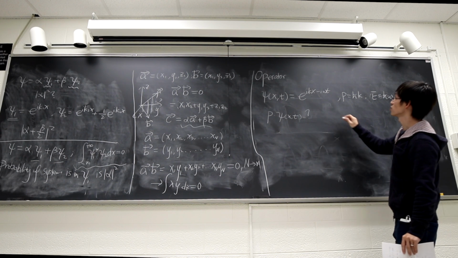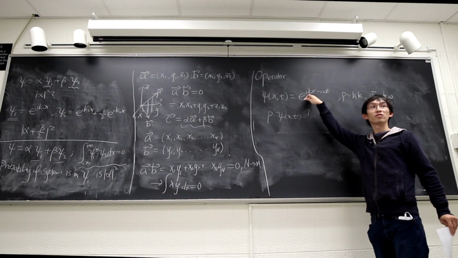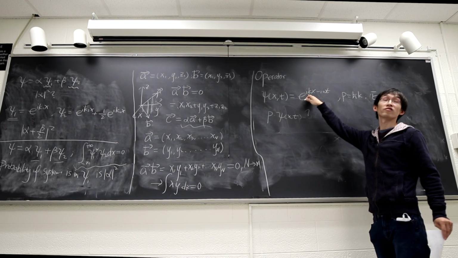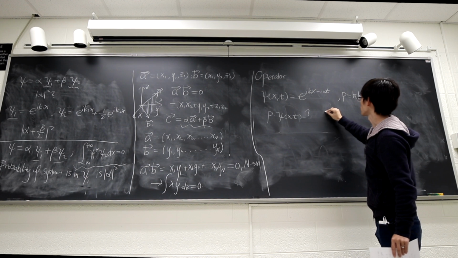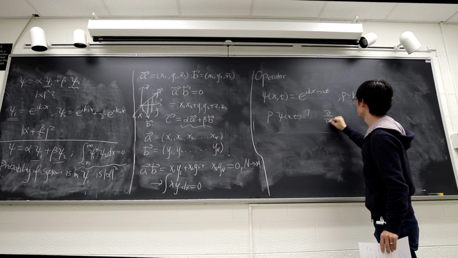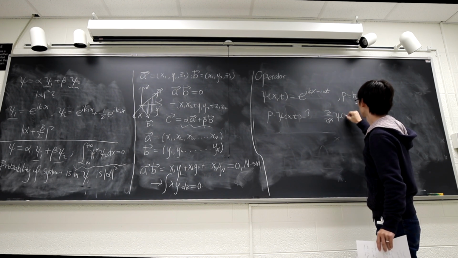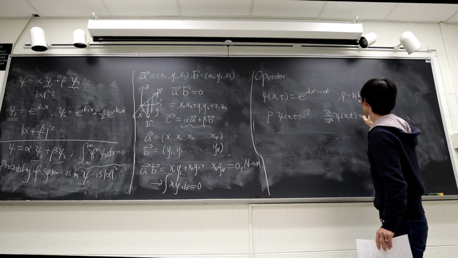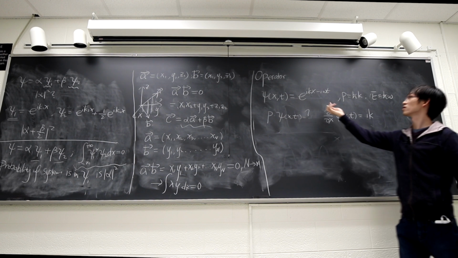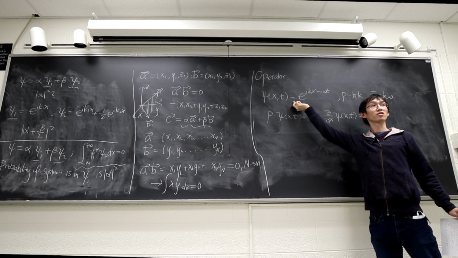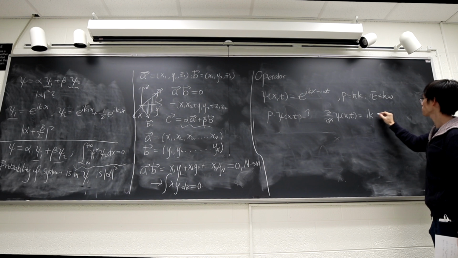So one thing you can do is take a derivative of this wave function. For example, if you take the derivative with respect to x on this wave function, you will get ik coming out in front.